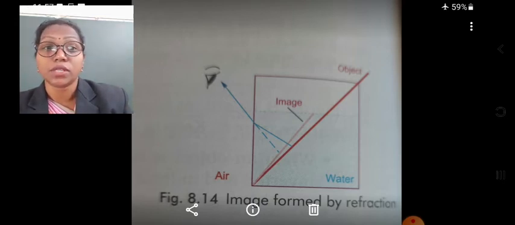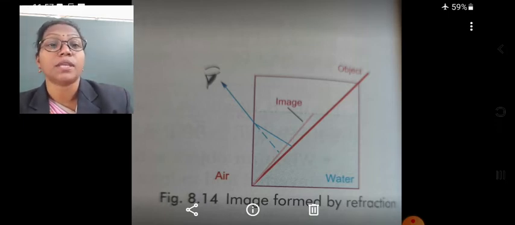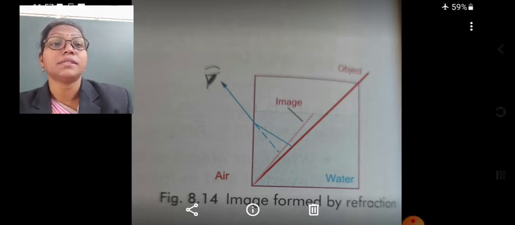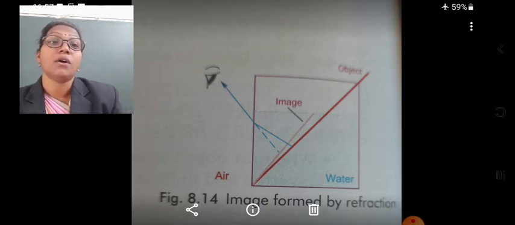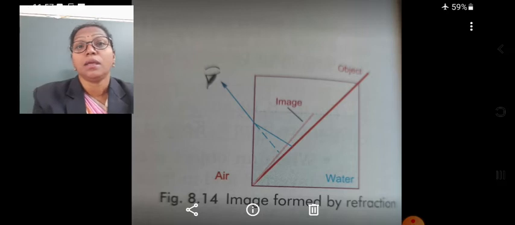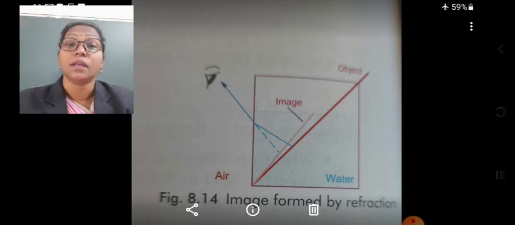When we extend these light rays into imaginary lines, the dotted line in the diagram, we can see an image in the water. A bent image we can see in the water, but the actual place of the object is different.